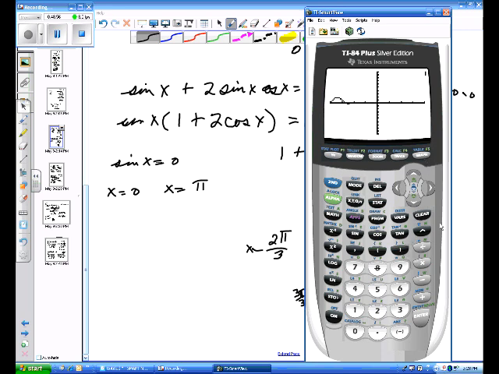And we can graph this. Now, because that's a little hard to read there, let's change our window. Let's make it maybe negative 3 to positive 3, just making it a little bit bigger.